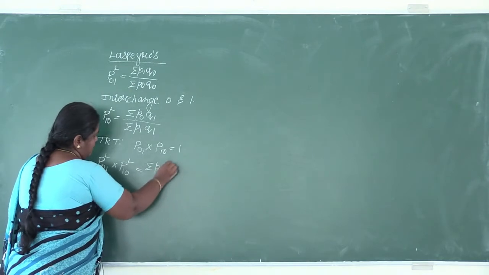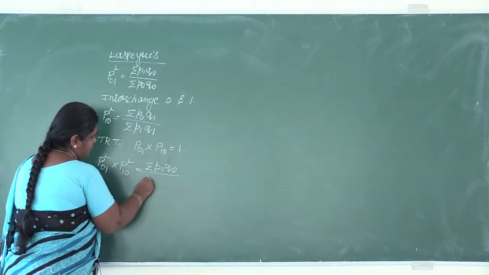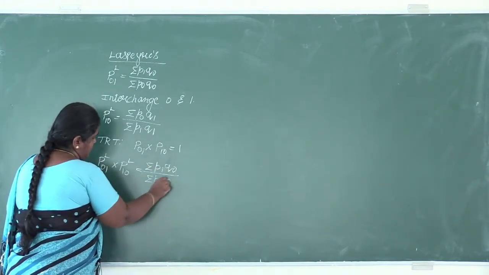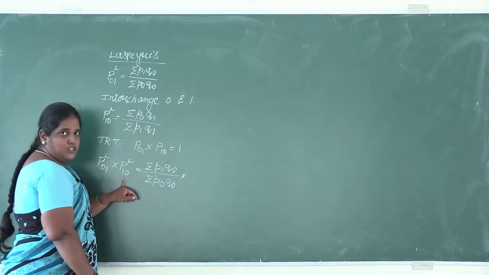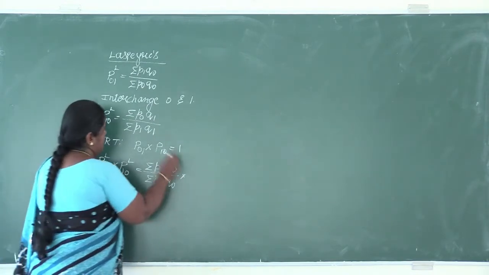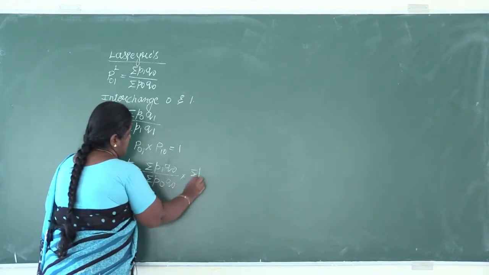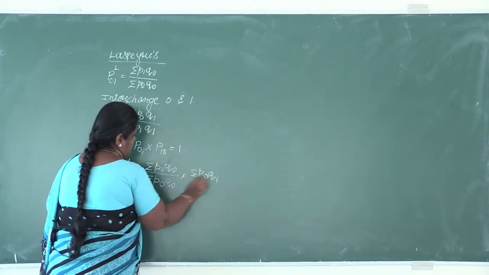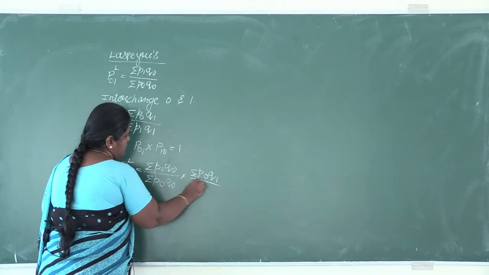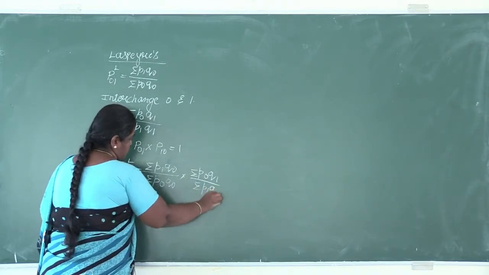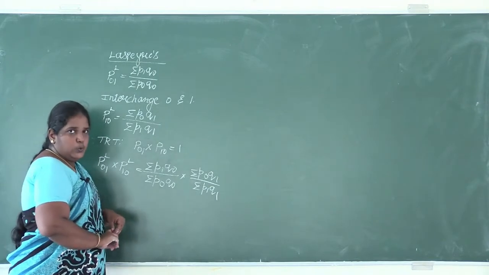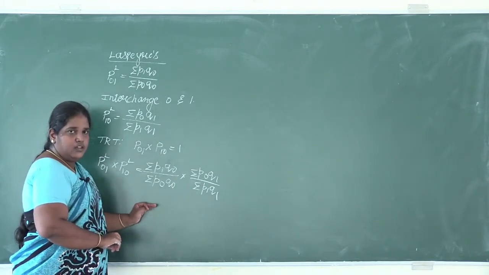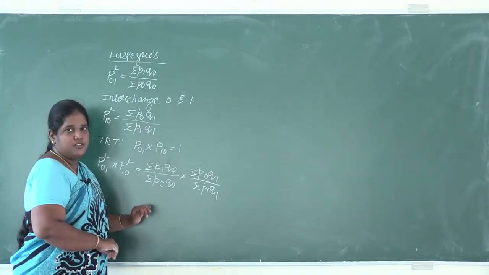It is sigma P1 Q0 divided by sigma P0 Q0 into, we have to substitute P10 formula, which is sigma P0 Q1 divided by sigma P1 Q1. And we have to see whether it is equal to 1.